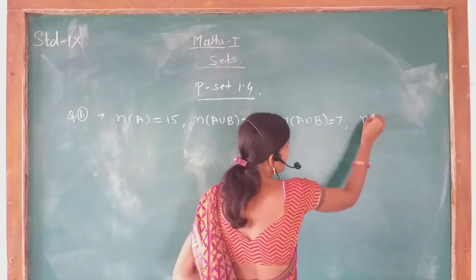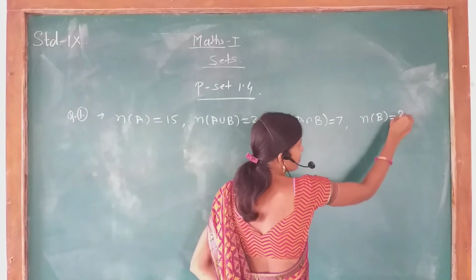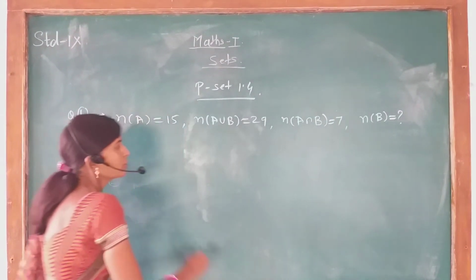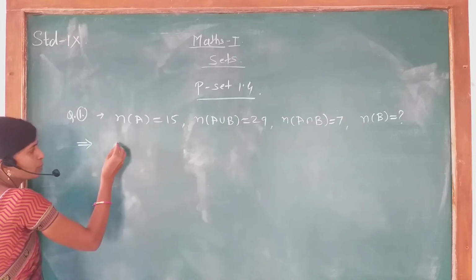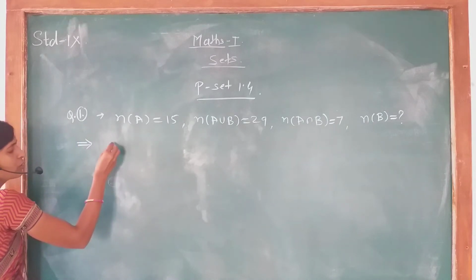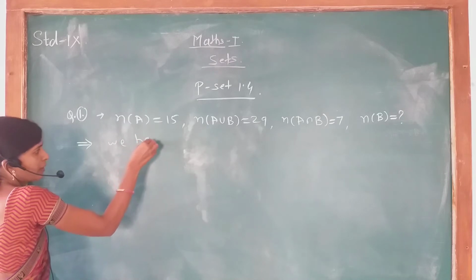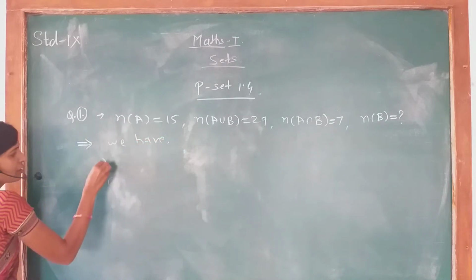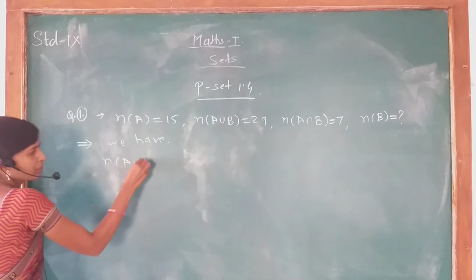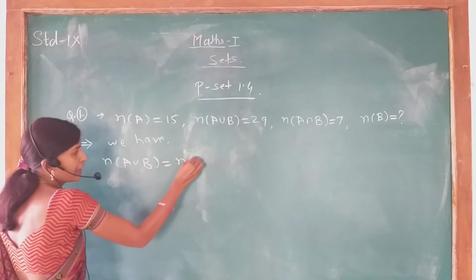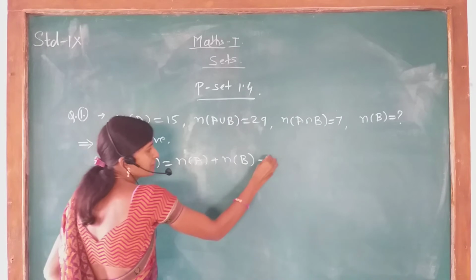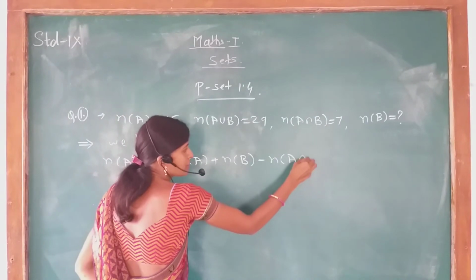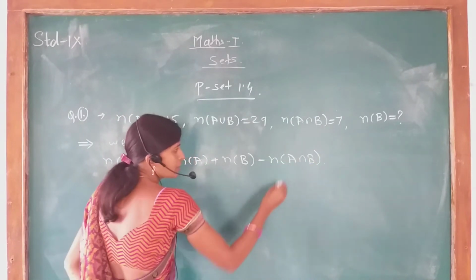Then you have to find the value of n(B). So how to solve this example? You have to use the same property which we have studied now. So we have the property or formula: n(A union B) is equal to n(A) plus n(B) minus n(A intersection B). Understood?